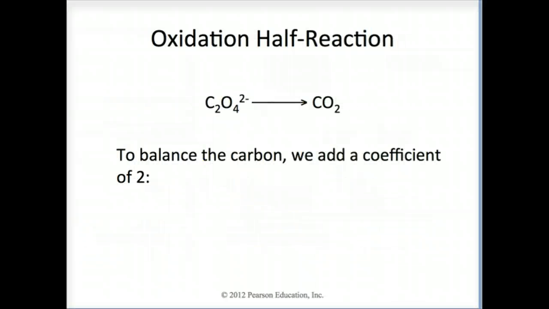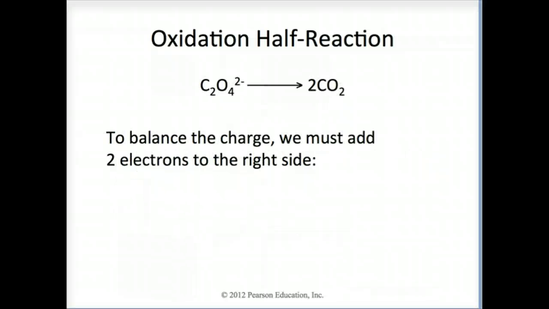So now we deal with the oxidation half reaction, and when we look at this oxidation half reaction, we know we have to balance the carbons. After we balance the carbons, what we care about is balancing the electrons. So my carbons are balanced. I know I have a 3+ going to a 4+, but I have 2 atoms each, so that's why I have to add 2 electrons to the right side, and I add it to the right side because oxidation releases the electrons.